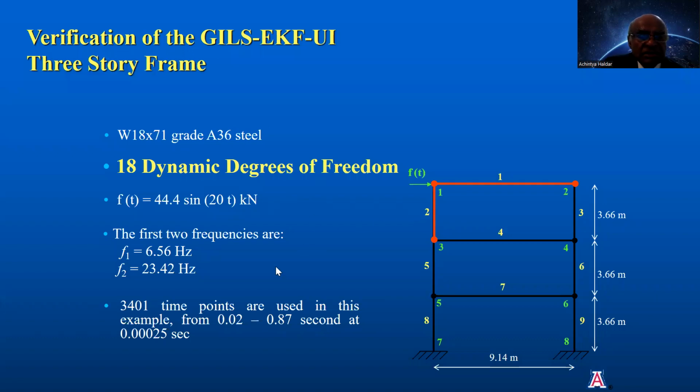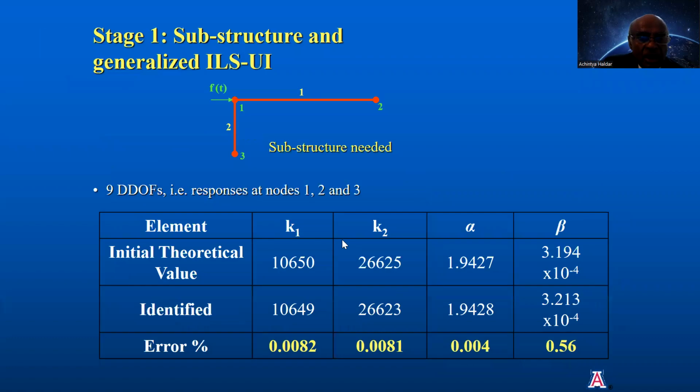In this case, this example shows a three-story building. We measured responses at three dynamic degrees of freedom. And here we identified the stiffness parameters of element 1 and element 2 with very small error, including the Rayleigh damping coefficient.